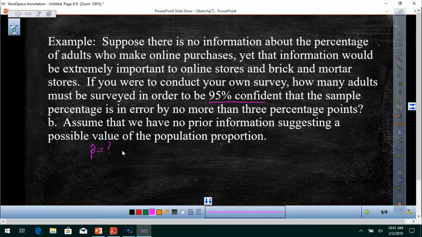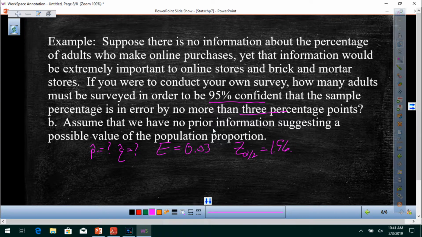We don't know. So that means we don't know what q hat is either, right? We do know that E is 3 percentage points, so that's going to be 0.03. And we know Z sub alpha divided by 2 is 1.96.